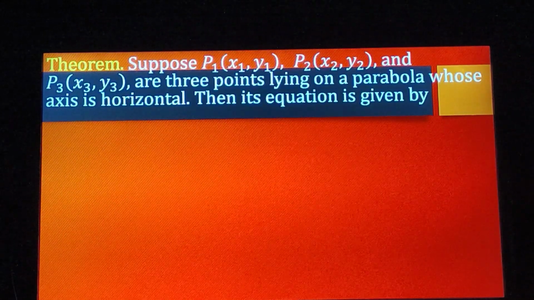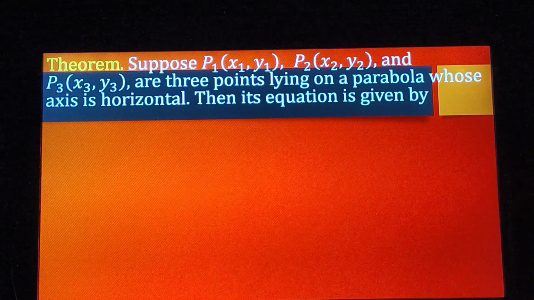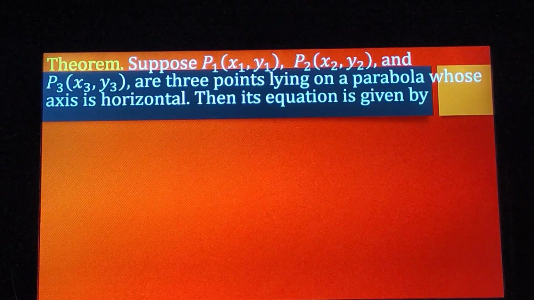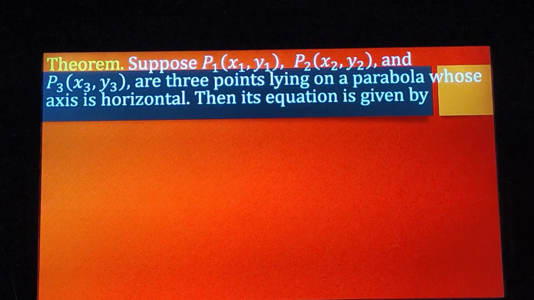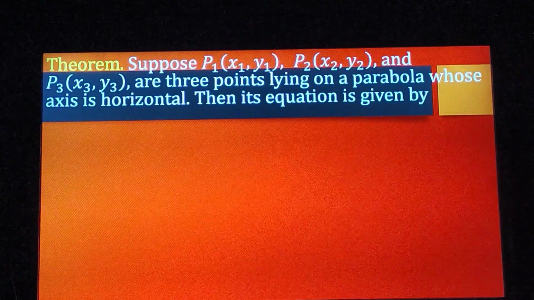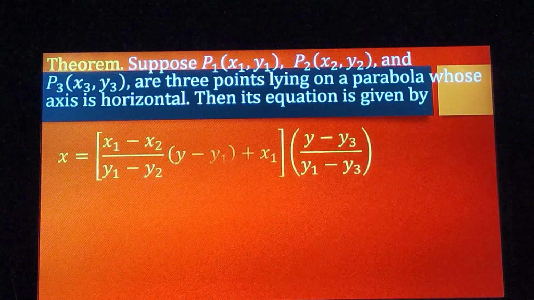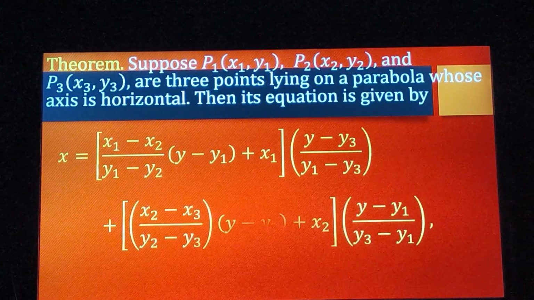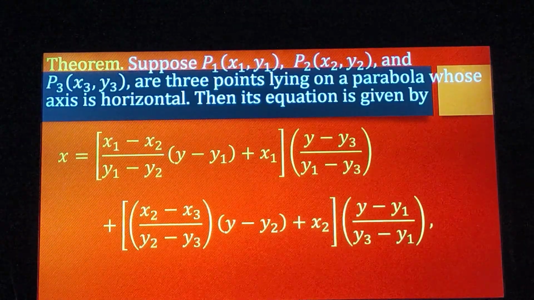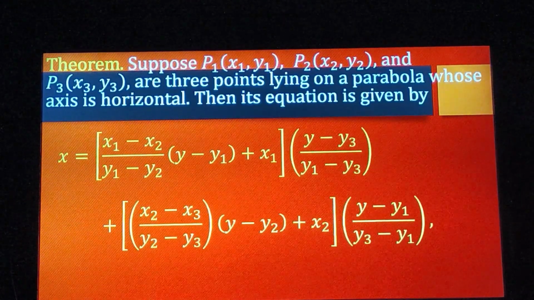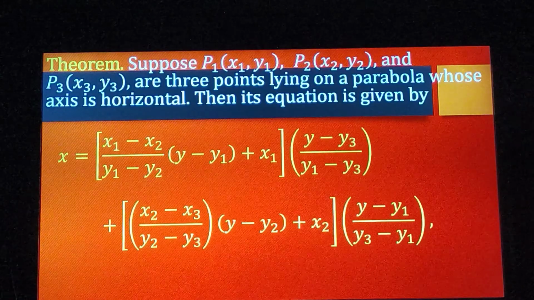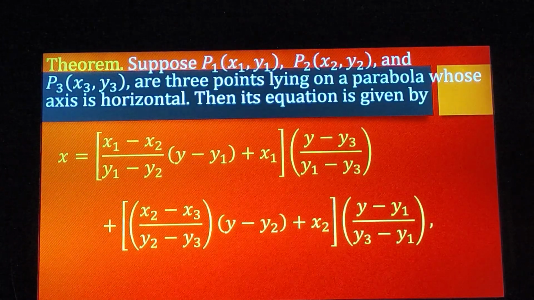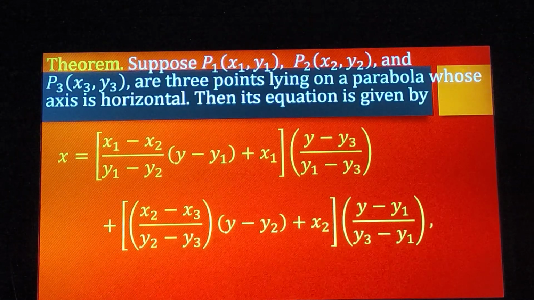So we have this theorem. Suppose P1, P2, P3 are 3 points lying on a parabola whose axis is horizontal. Then its equation is given by this equation. Take note that the roles of the x's and the y's are simply interchanged.